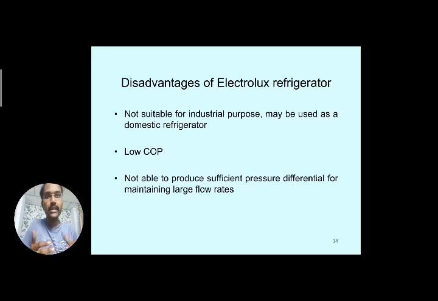Likewise, we have to use different combinations of substances to get different pressure changes. It is already built in for a particular substance, so only that particular pressure difference can be maintained, and it cannot produce different kinds of pressure differences.